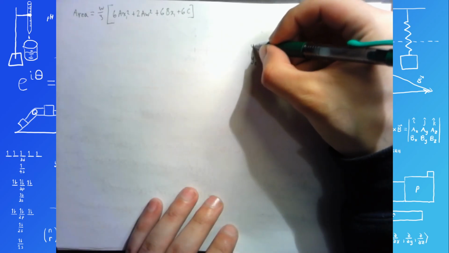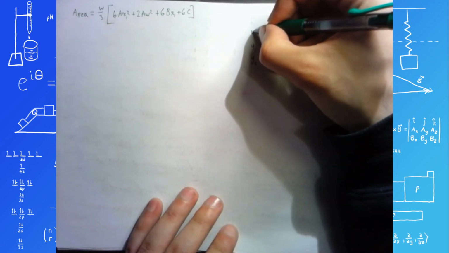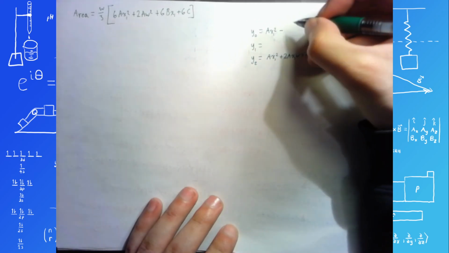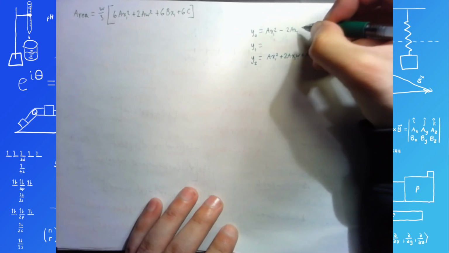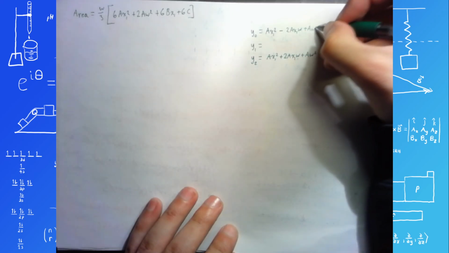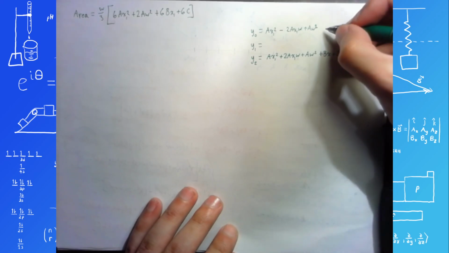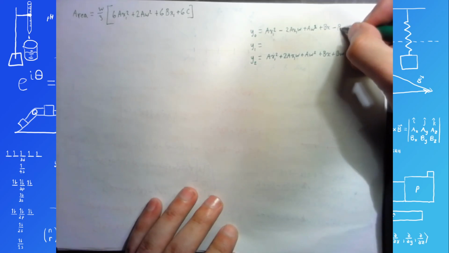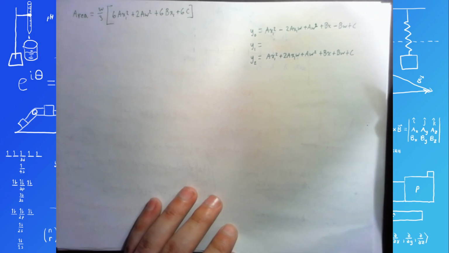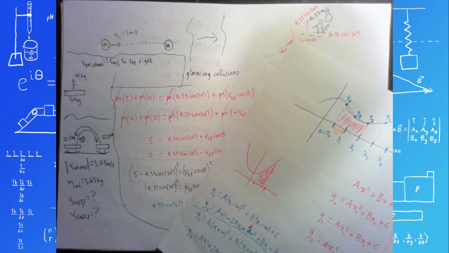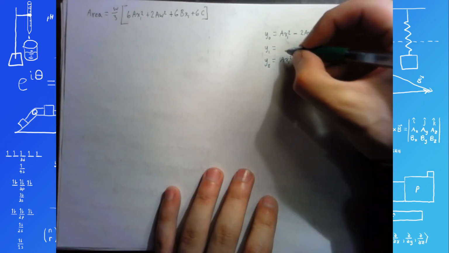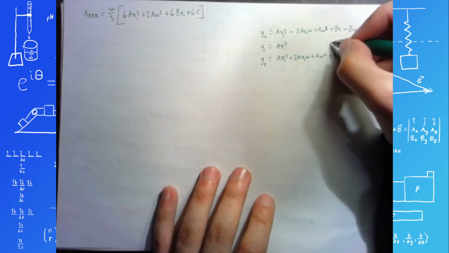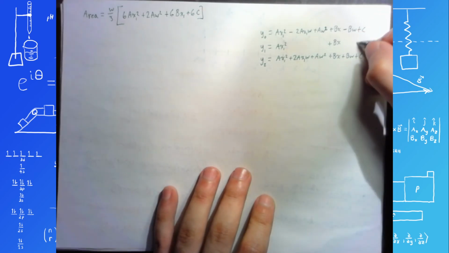Okay, and then y1 I'll copy in a minute, and then y0 is going to be ax1 squared minus 2ax1w plus aw squared, and then plus bx minus bw plus c, and y1 is just, we left it untouched, ax1 squared plus bx plus c.